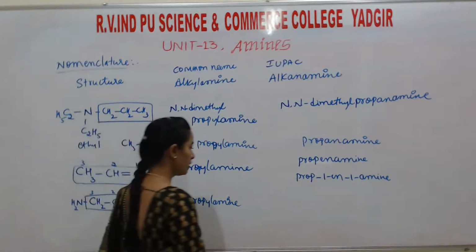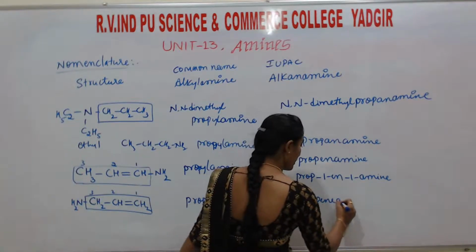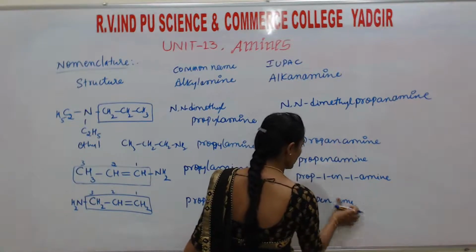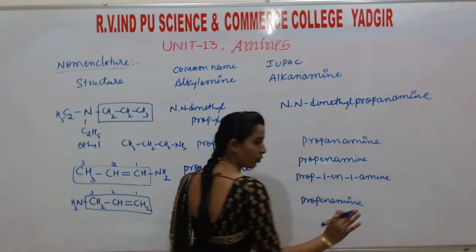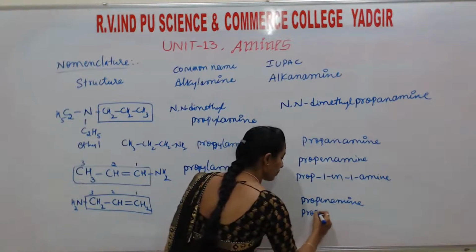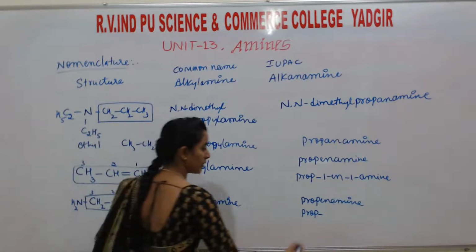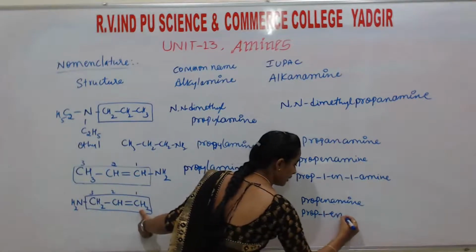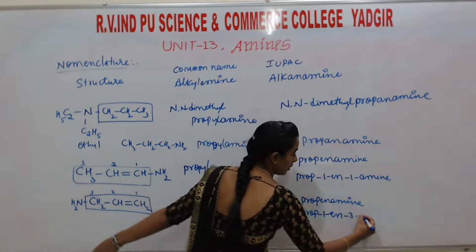Understand? So here, you have to write the name; this is also propylamine only. The name follows propylamine, but the position changes. Propan: at which position is the double bond? First position. At which position is the NH2? Third, amine.